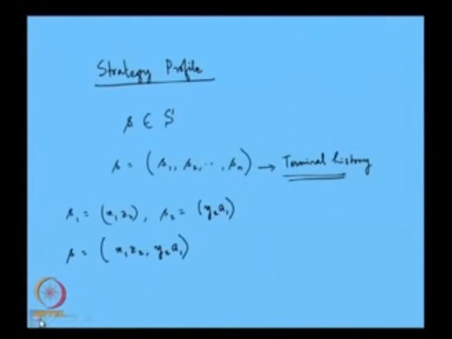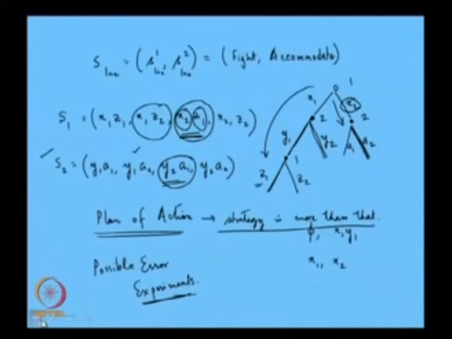Let us see how it is happening. x1 and z2 is what player 1's strategy is, and player 2 is saying y2 a1. Now, if I combine this with this, what I get is this. That is a terminal history because the game is ending there.